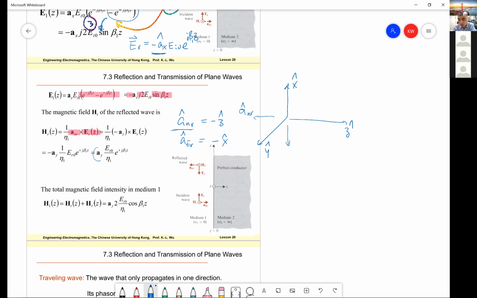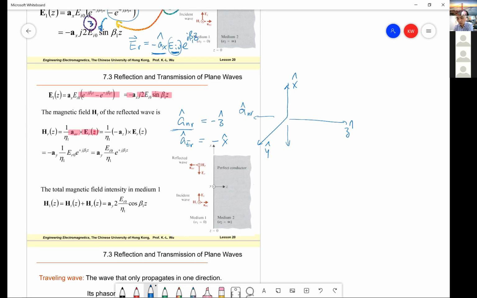So this is a direction in the Y direction. And then this is the magnitude of voltage divided by impedance, then the phase constant. This is how we can find the magnetic field for the reflected wave.